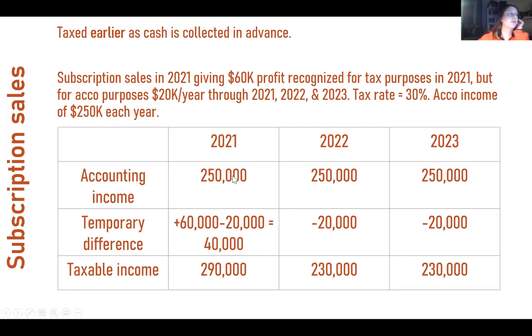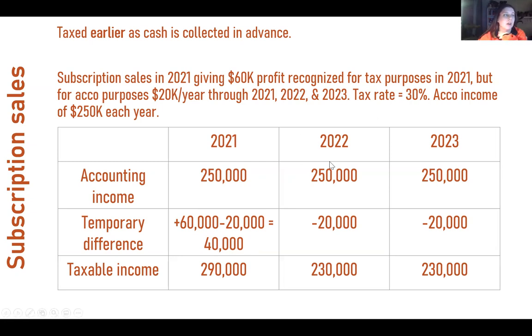So here in 2021, in your accounting income, you recognize $20,000 of that subscription sale. But for tax, they're like, no, you received $60,000, not only $20,000. So you need to increase your accounting income by $40,000 to get to your taxable income, to reflect all the cash that you've received during the year.